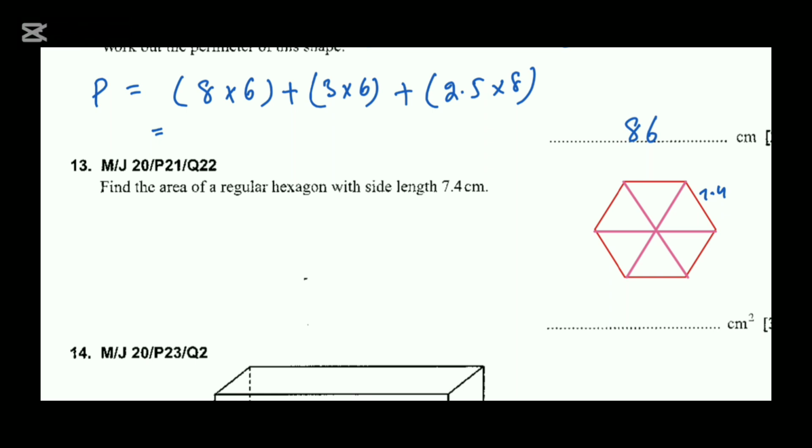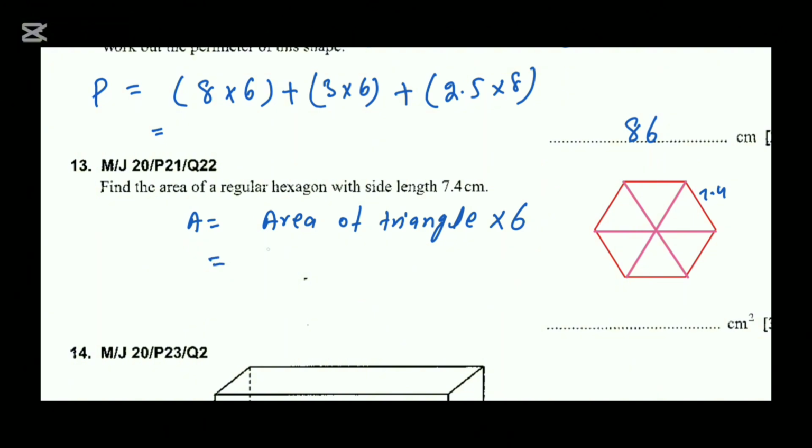First of all, we will find the area of one triangle, and multiply by 6 because there are 6 congruent triangles.